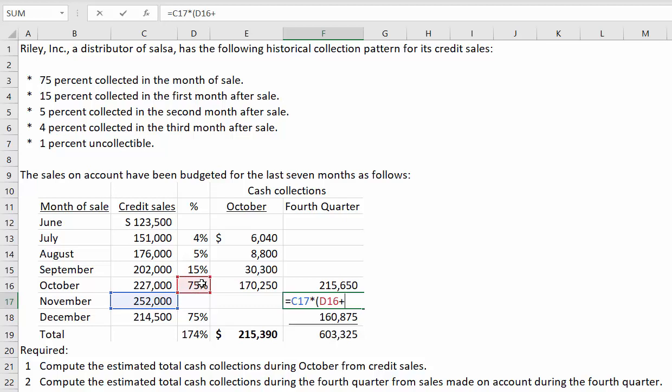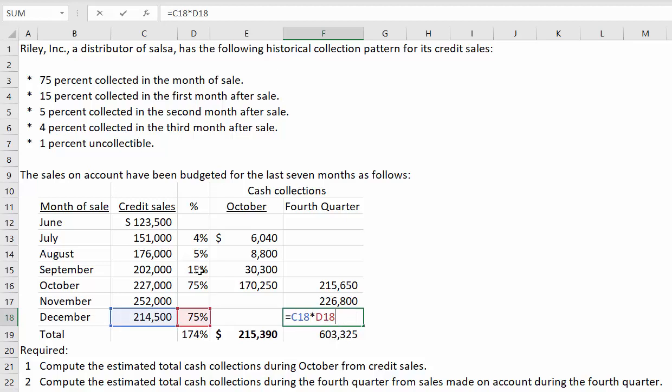And then you're going to collect the second month, or the first month after sale, you're going to collect 15%. So we're only going to grab 2 months because we're only going to collect November sales in November and December. So again, I'm trying to be consistent between this formula here and this formula and this formula.